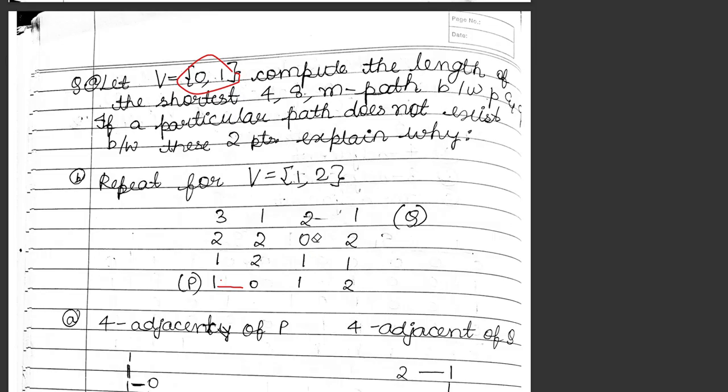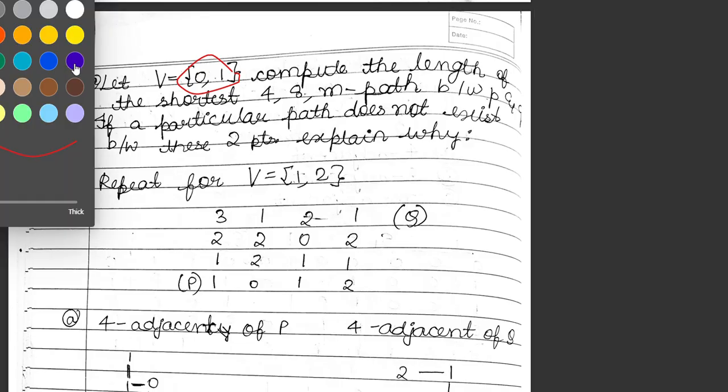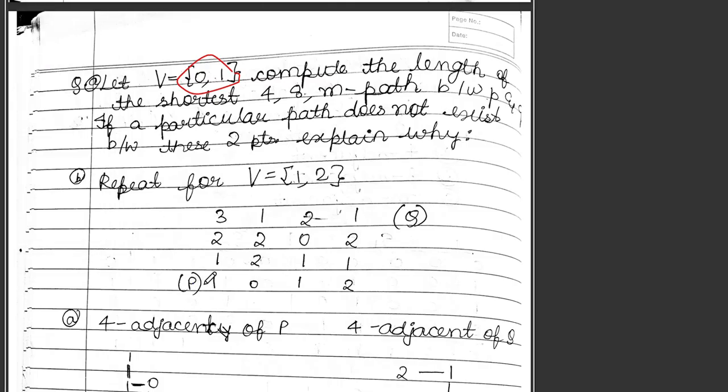To find out M adjacency path, we have to consider both 4 adjacency as well as the 8 adjacency. Here first we consider 4 adjacency, and here we have 2 paths to travel further.